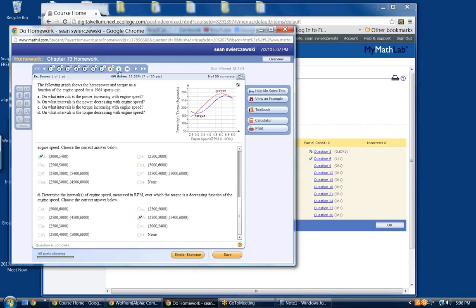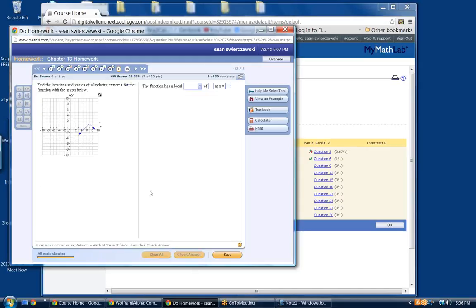All right, number 9, right? Yep. Okay, the function has a local what at where?